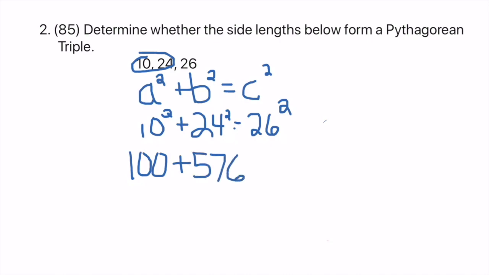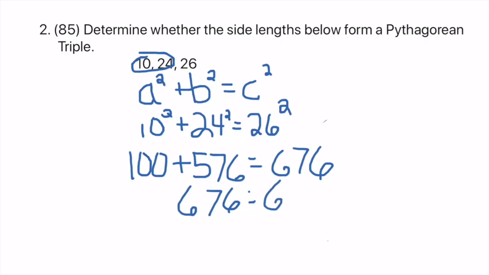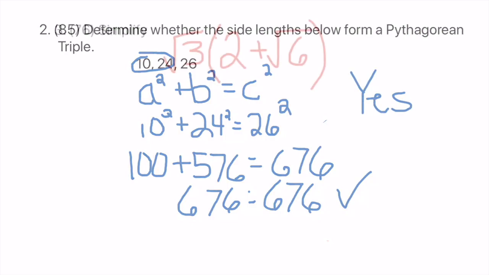And 26 squared is 676. So now on the left side, we're going to add 100 plus 576, and that's 676 equals 676. So since that is true, we would say yes, these do form a Pythagorean triple.